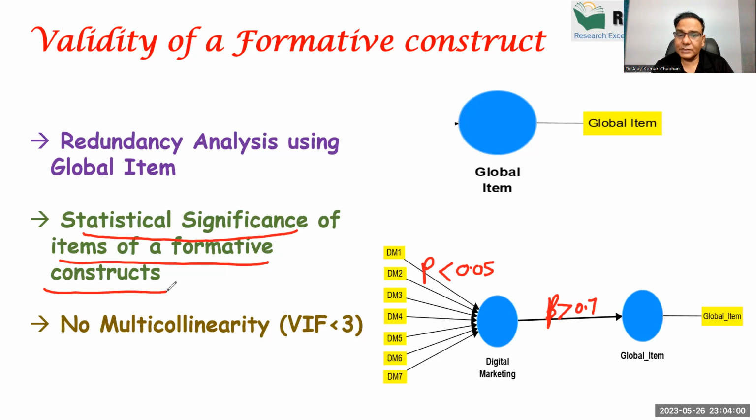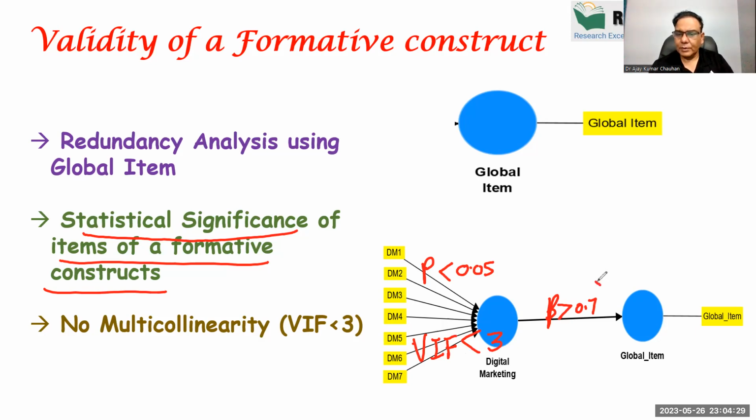The third condition is that VIF, which is the measurement of multicollinearity, shows how much the items are independent of each other, or in other words, how much they are correlated to each other. So VIF should be less than 3. So there are three conditions to examine whether the formative construct is valid or not.